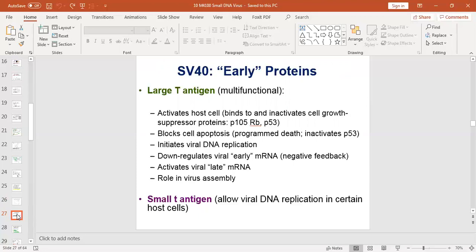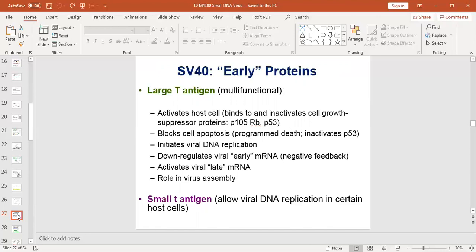Large T antigen is a multifunctional protein, and it does a series of functions, all to the advantage and benefit of the virus and detrimental to the host cell.